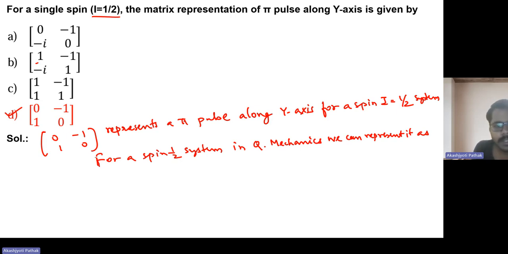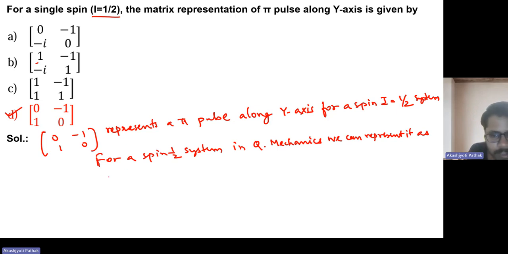One is the lower spin state and another is the higher spin state. The lower spin state is your alpha spin state, which is the spin state that aligns with your external magnetic field. That is your spin up state or alpha spin state, and it is your low energy spin state.